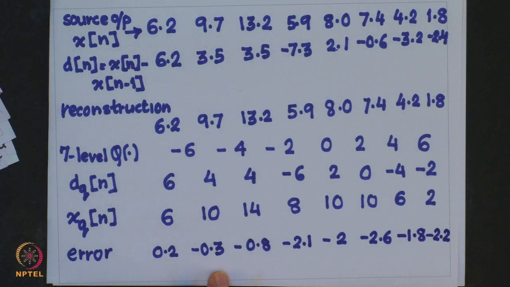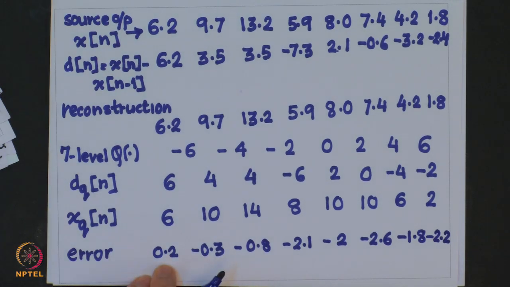Something interesting has happened. Initially I find that the error terms are quite low, but as I keep on progressing, the error keeps on building up. So, let us try to understand this process a little more in depth and see what is happening exactly.